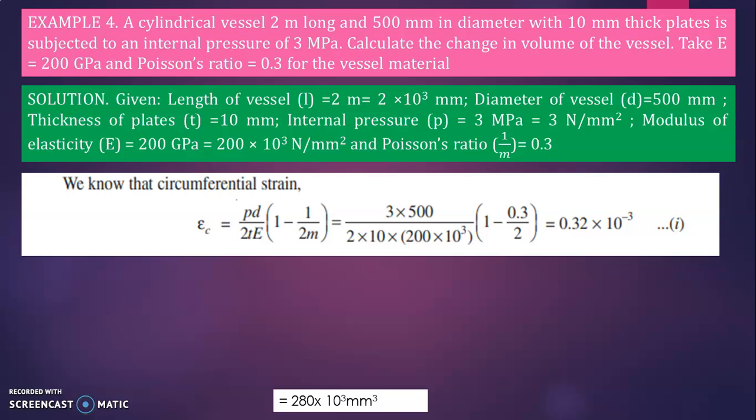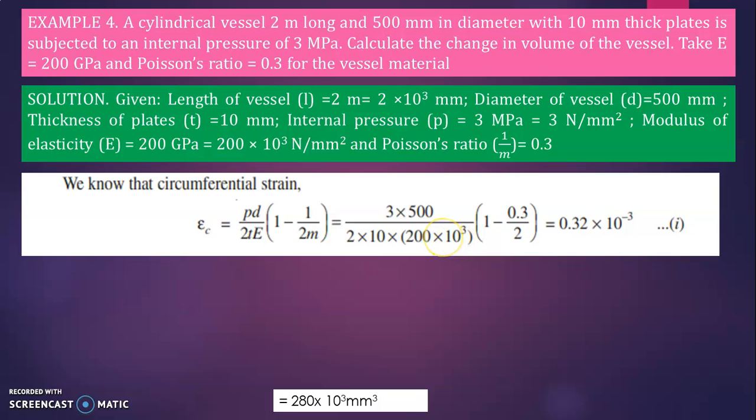How can you calculate volumetric strain? Either you can use this formula, longitudinal strain plus 2 times the circumferential strain, or a direct formula for the change in the volume.